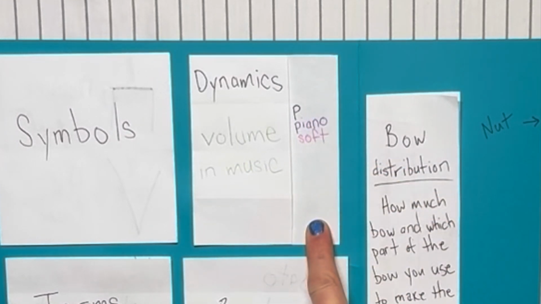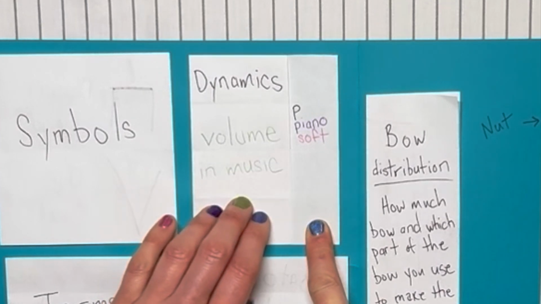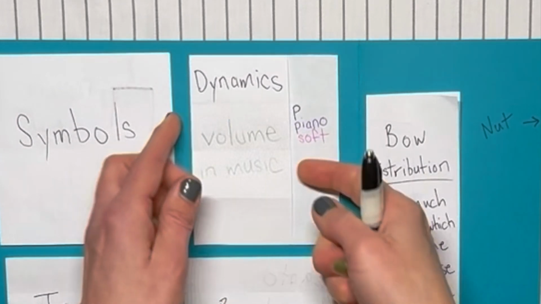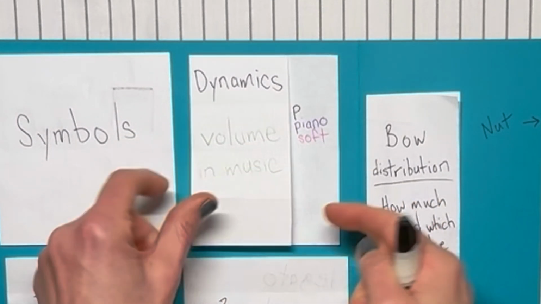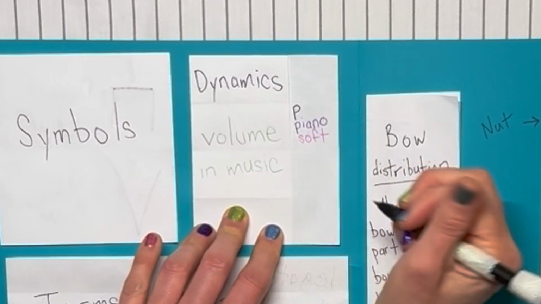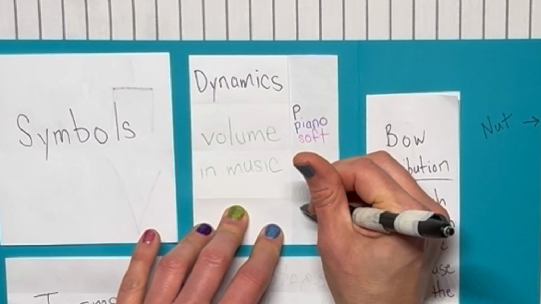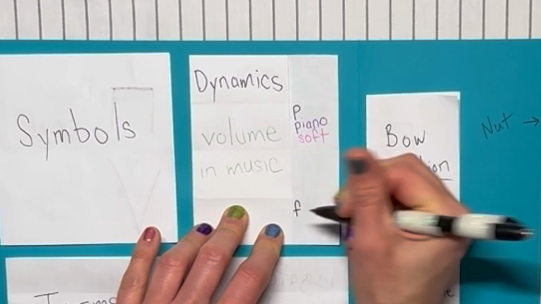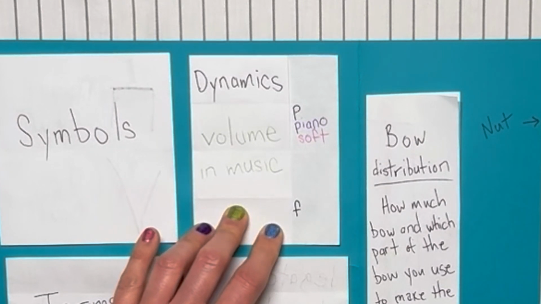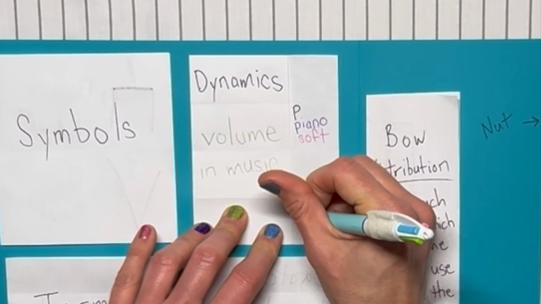All the way in the bottom row down here, we're gonna add the next dynamic. I'm using my black pen again for the first marking, and I'm putting it right up against the edge of this, not on it, but in this bottom square right near it. When a composer wants you to play loudly, the composer will put an F on the music. What does F stand for? It stands for the Italian word forte.